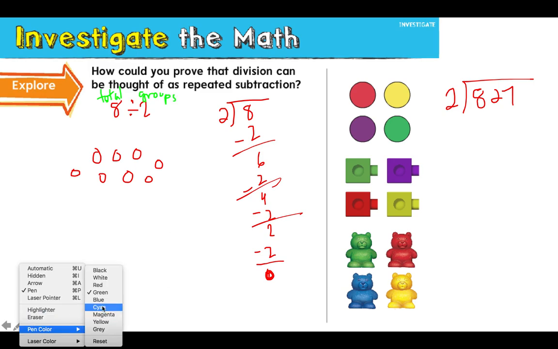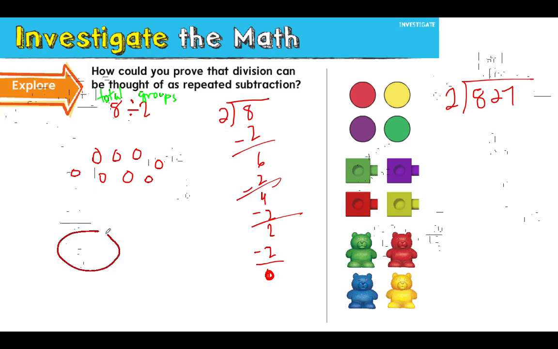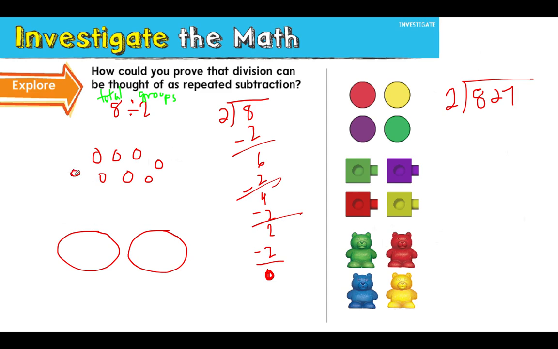So, when I want to make 2 groups, I draw the 2 groups under. And now what I'm going to do is I'm going to take 2, and what do I do with those 2? I put 1 in each group. So over here, when I took 2, that meant 1 in each group.